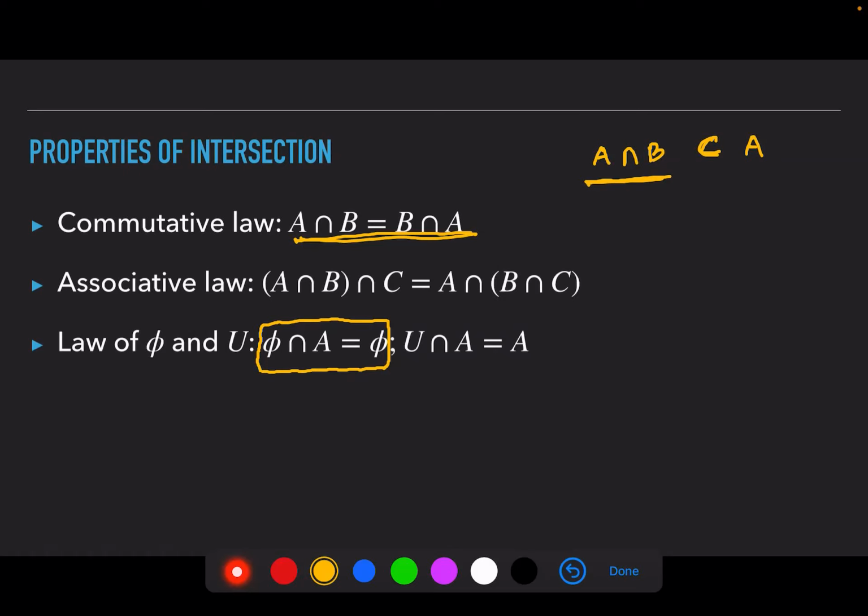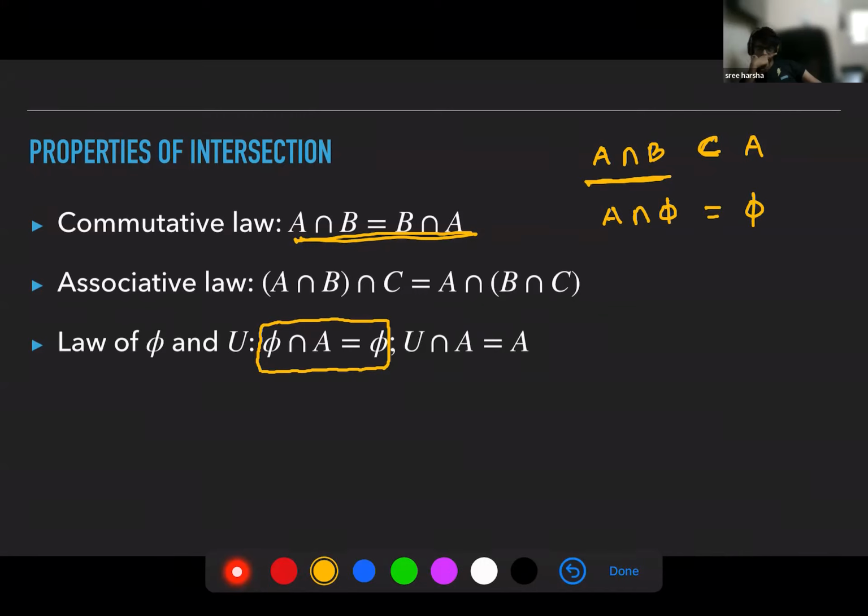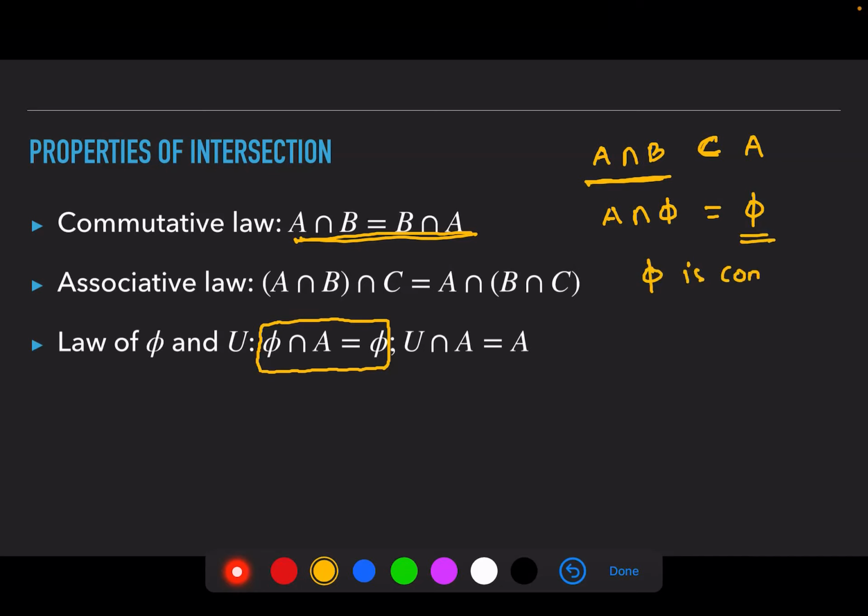Now, if I write A intersection phi is phi, what does that mean? Can I say phi is contained in A? Only then can I say this. I know it has no elements, but the fact that I'm able to take the intersection and get phi tells me that phi is contained in A. You can argue this with any other set.